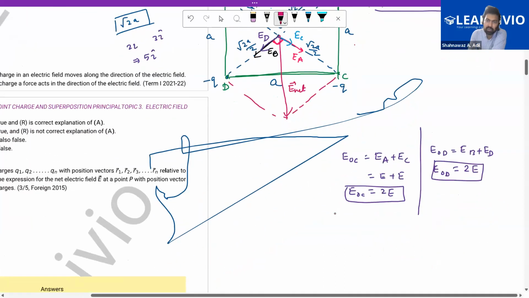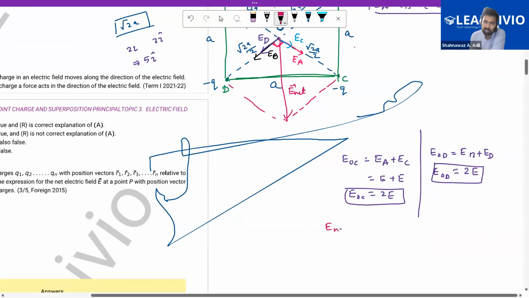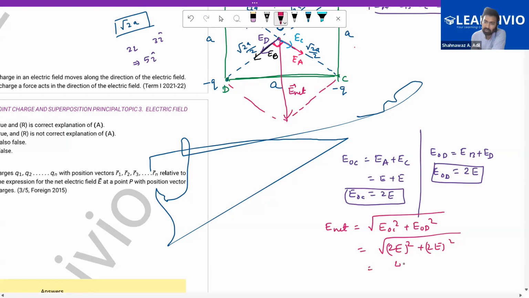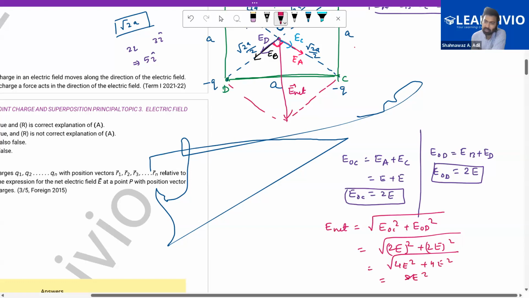The magnitude of E net, because the vectors are perpendicular, would be EOC square plus EOD square. So this is 2E square plus 2E square, that is 4E square plus 4E square, so 8E square. So this would be 2 root 2E, right?